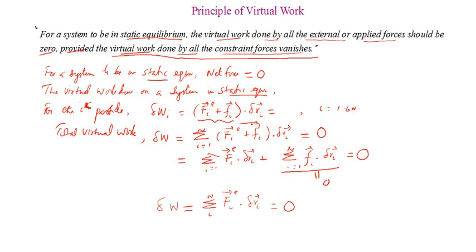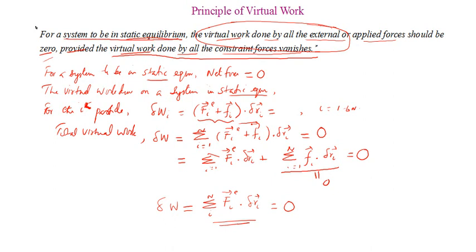This is nothing but the virtual work done by the external forces. The virtual work done by the external or applied forces is 0. We have proved that the virtual work done by the external forces will be 0 if the virtual work done by the force of constraint is 0. And if these conditions are satisfied, our system will be in a state of static equilibrium.